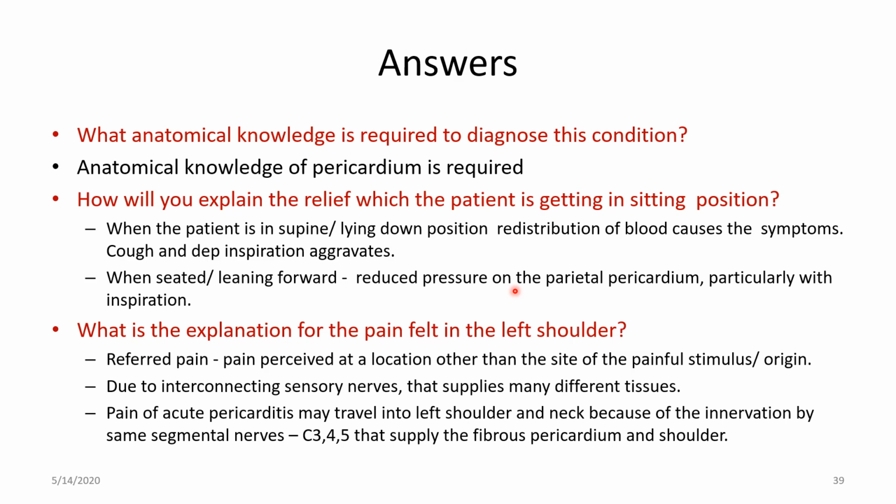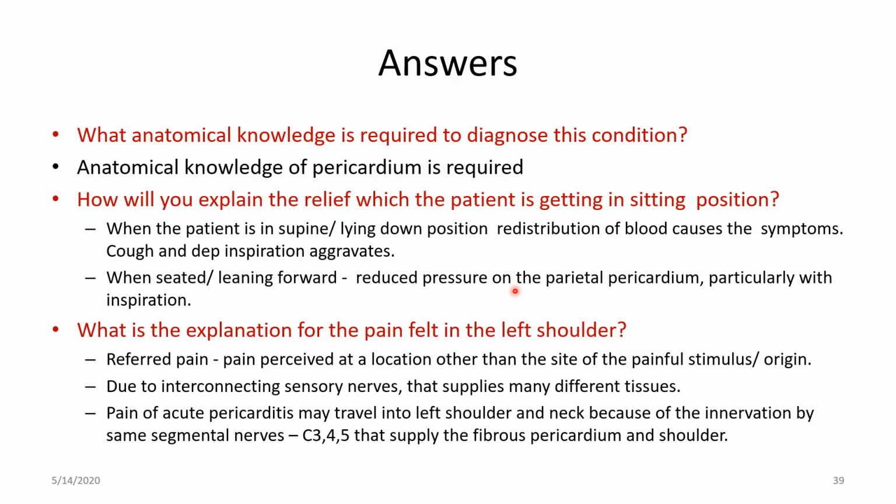What is the explanation for the pain felt in the left shoulder? So there is what is known as referred pain, pain perceived at a location other than the site of painful stimulus or origin, due to the interconnecting sensory nerves that supply many different tissues.